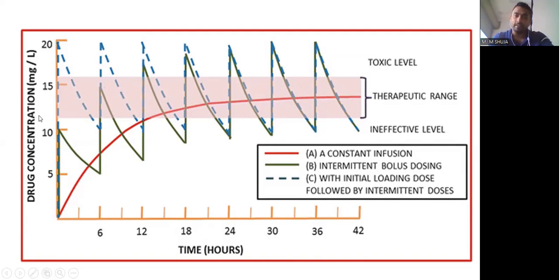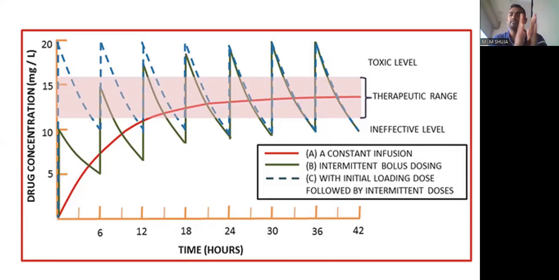So if you give a bolus, you will quickly achieve the steady state concentration. Okay, that is the advantage of giving boluses. Because if you give a bolus and then maintain with intermittent doses, the moment you give the bolus, you will achieve the steady state concentration quickly.